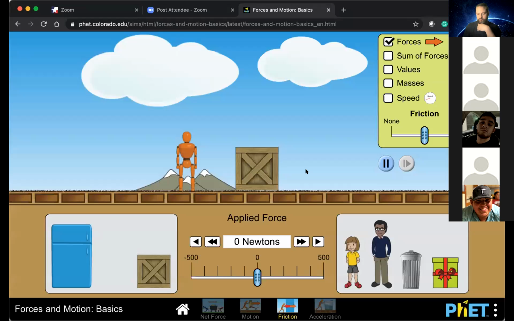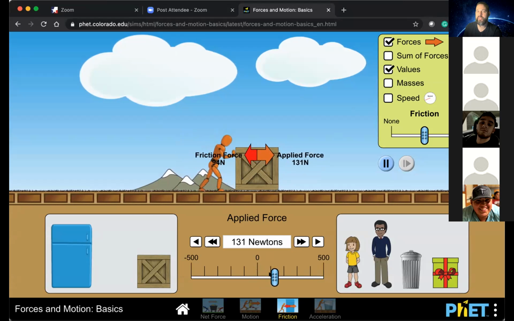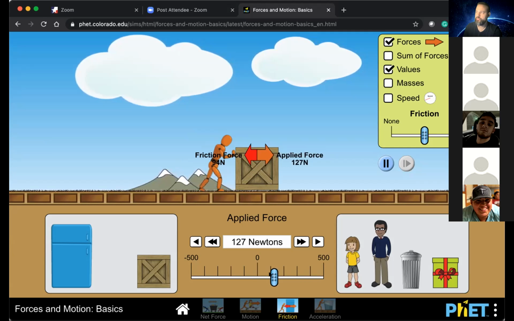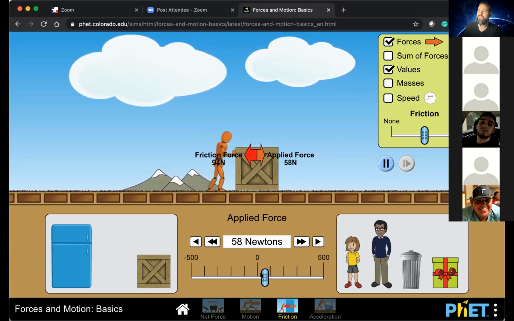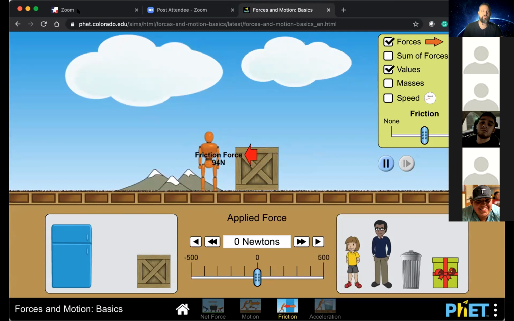As I apply this force, you'll see that the force of friction is going to be equal to that 34 Newton force, until I get to some point where my applied force exceeds the friction force. Now it's at 94 and now it starts moving. As soon as I pass that 94 Newtons, it starts moving. So I've exceeded the static force.